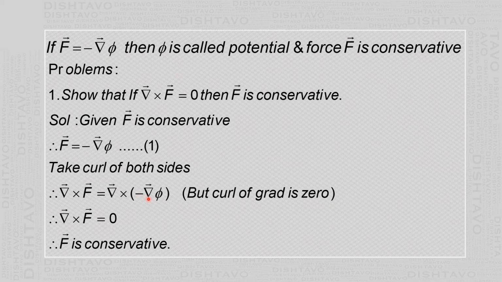But we have proved in the differential identities that the curl of a gradient is always 0. So on the right hand side the minus sign comes out, and what remains is del cross del phi, that is, the curl of the gradient of the scalar function. So that is equal to 0. Therefore we get del cross F equal to 0. That means to test whether a given force is conservative, find the curl of that force, and if it is 0, then that force F is conservative.